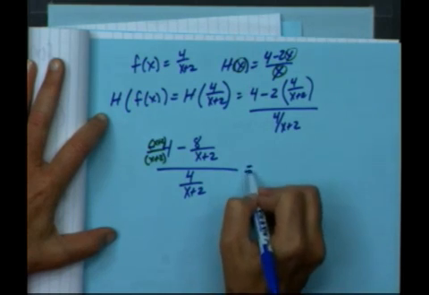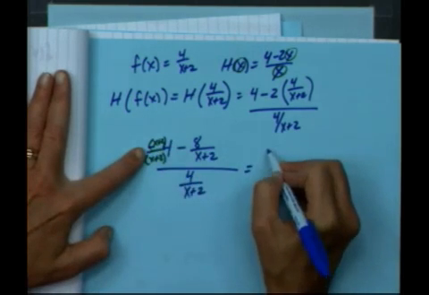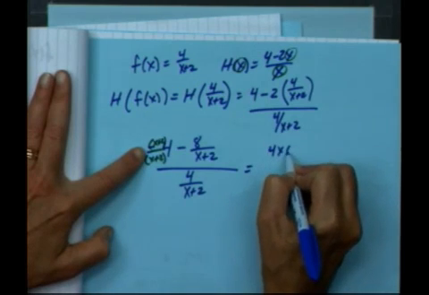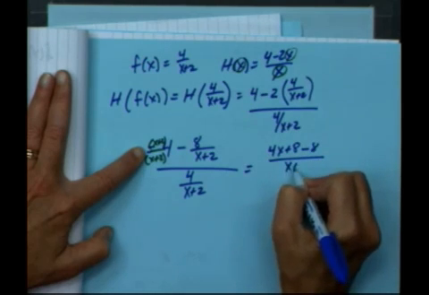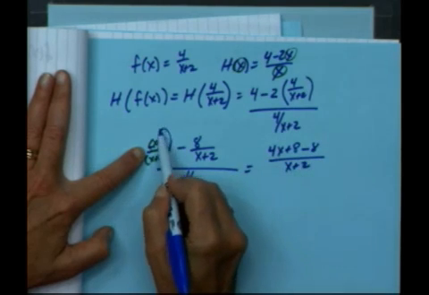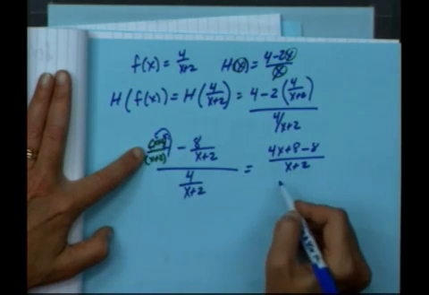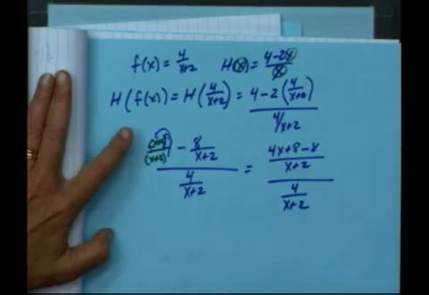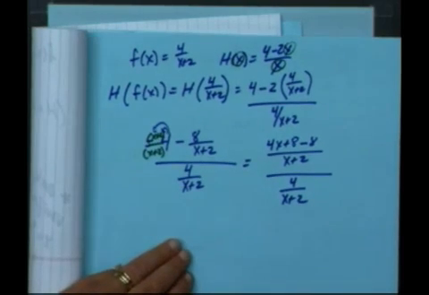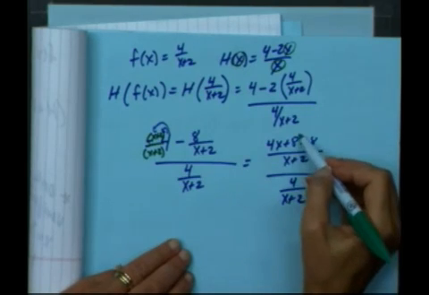So this will be equal to 4 times x plus 2, which is 4x plus 8. Then we got a minus 8 all over x plus 2, divided by 4 over x plus 2. Of course, 8 minus 8 cancels out.